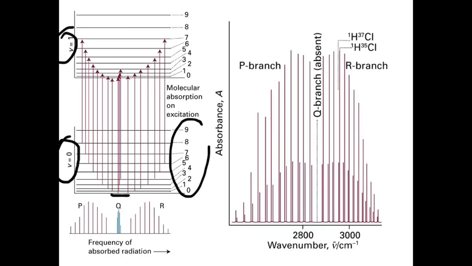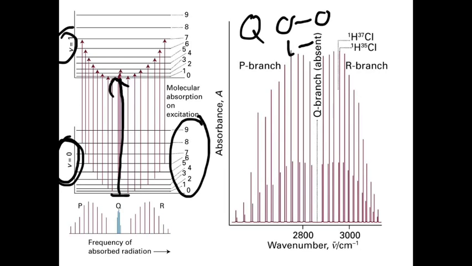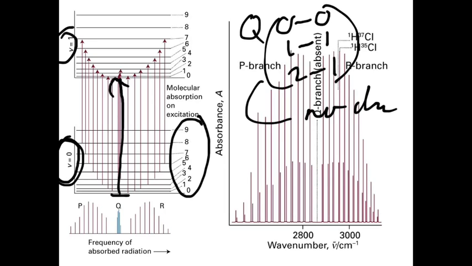These are the rotational levels within the vibrational levels. If we go from a 0 rotation level to a 0, we would call that a Q transition. So Q is a 0 to a 0, or a 1 to a 1, or a 2 to a 2. But in all these, what do we see for the change in rotation? That is no change in rotation. We call those the Q branches.